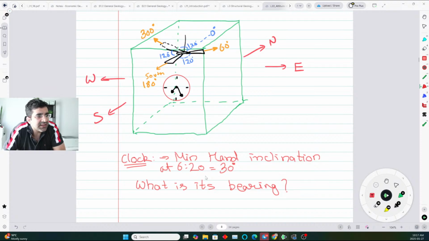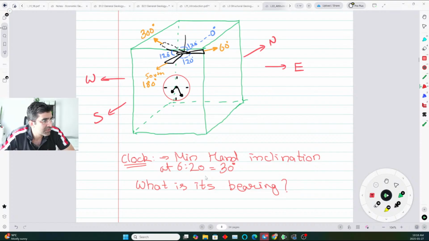Can anyone answer that question? 120. How did you calculate that the bearing is 120 degrees? I calculated it from the north in a horizontal plane. So how did you get 120 degrees?